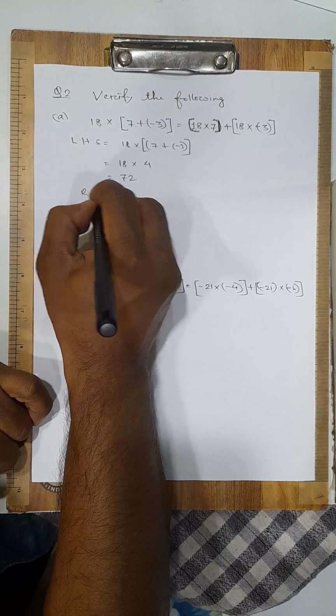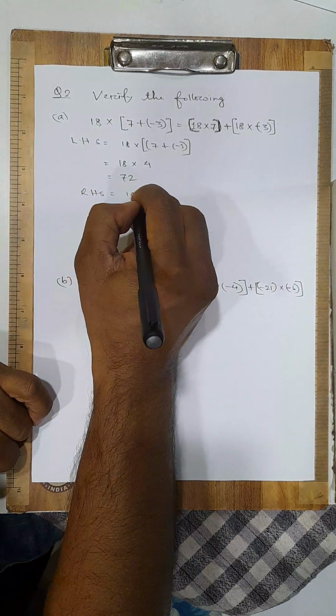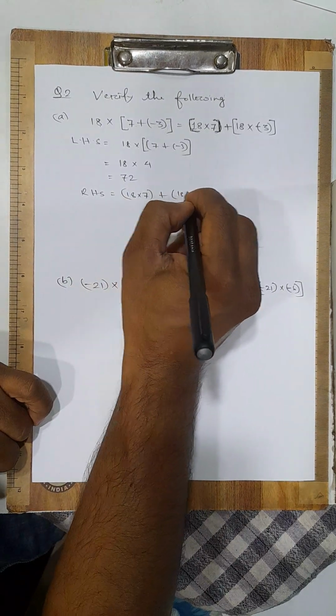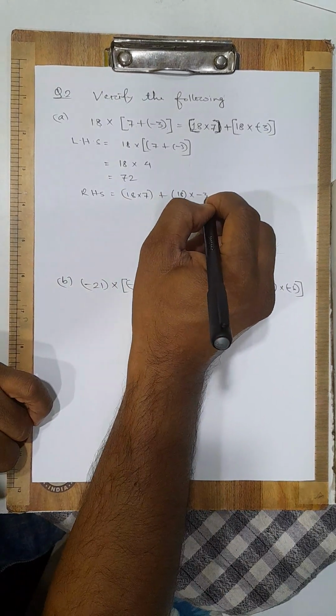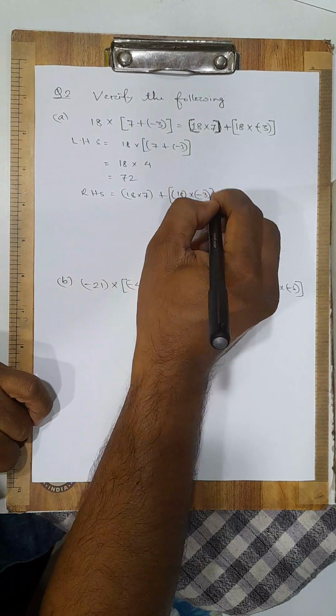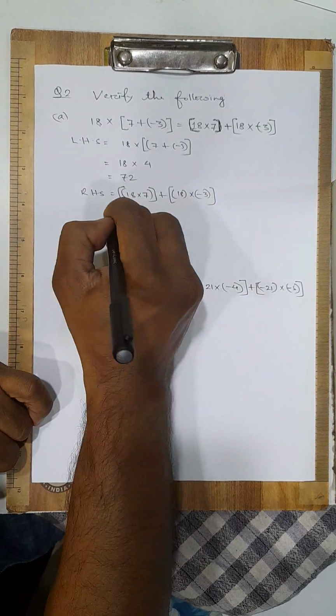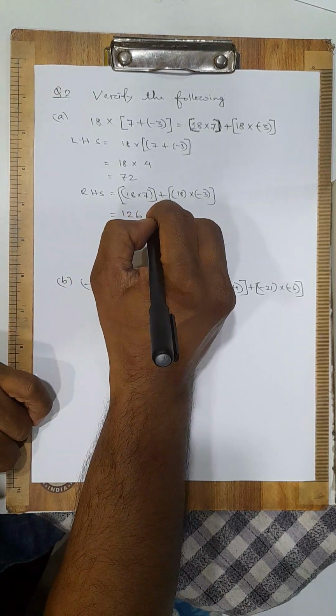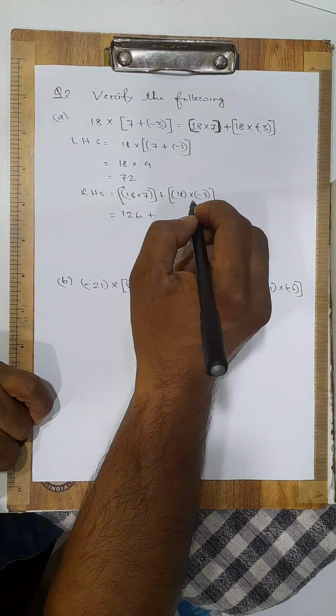So we'll find the right hand side now. 18 into 7 plus 18 multiplied by minus 3. So 18 sevens are 126 plus 18 into minus 3.